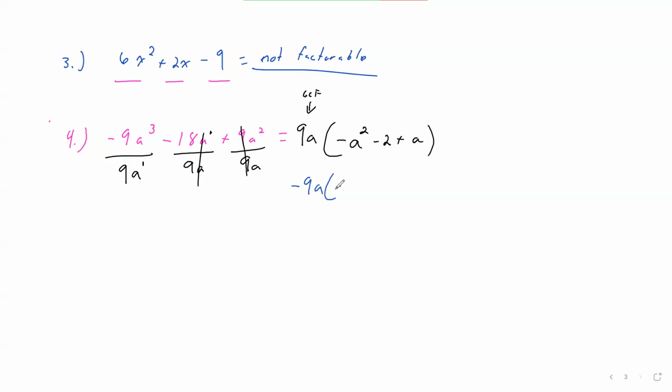So this negative would have been a positive, this negative would have been a positive, and this positive would have been a negative. A lot of times, a lot of mathematicians just don't like the first term to be negative, so they'll also factor out the negative. I'm good with either one, and I'm almost 98% positive it takes both of these as an answer.